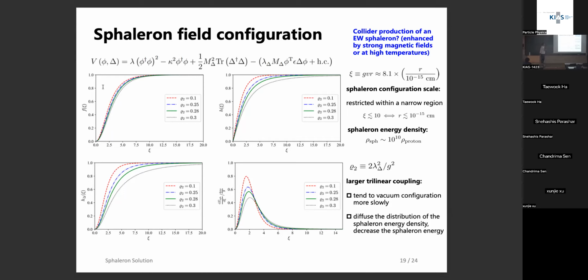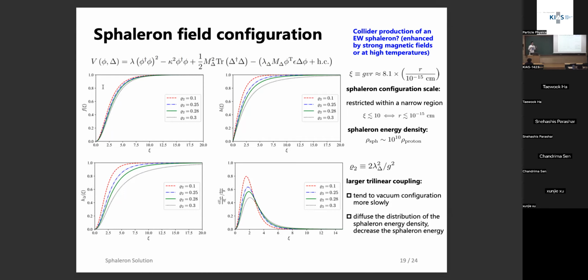We can make a simple estimation. Because the typical energy of the Sphaleron is about 10 TeV, the energy density of the Sphaleron is about 10 to the 10 times the energy density of the proton. Then we consider the largest energy of LHC and take it to be around 10 TeV.